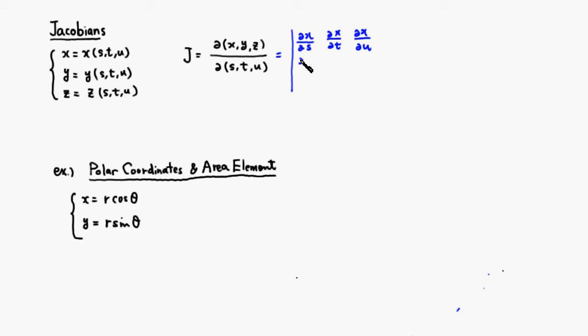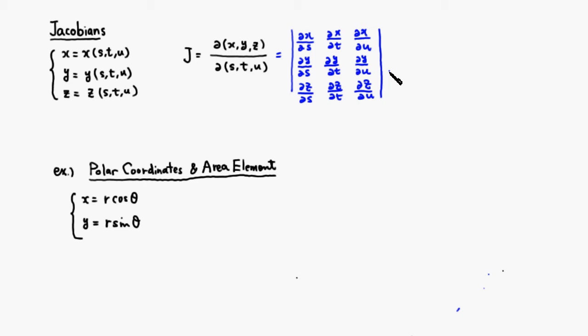The next row is the partial derivative of y with respect to s, t, and u. The last row is the partial derivative of z with respect to s, t, and u. Then we take the determinant of this resulting matrix.